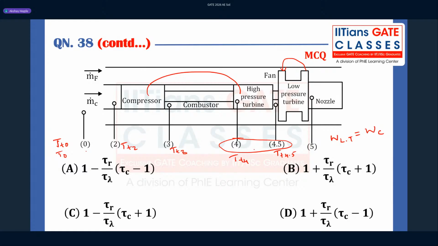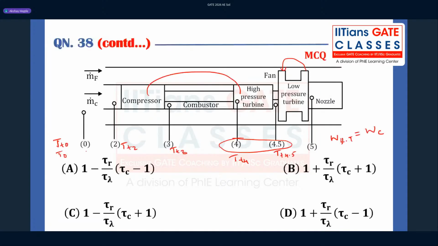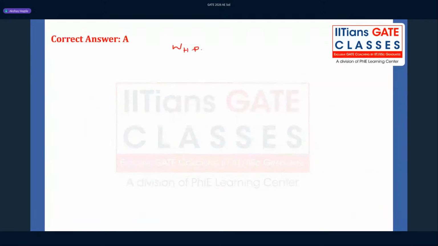Now if I do the work balance, work done by... no, it is the high pressure turbine that is running the compressor.